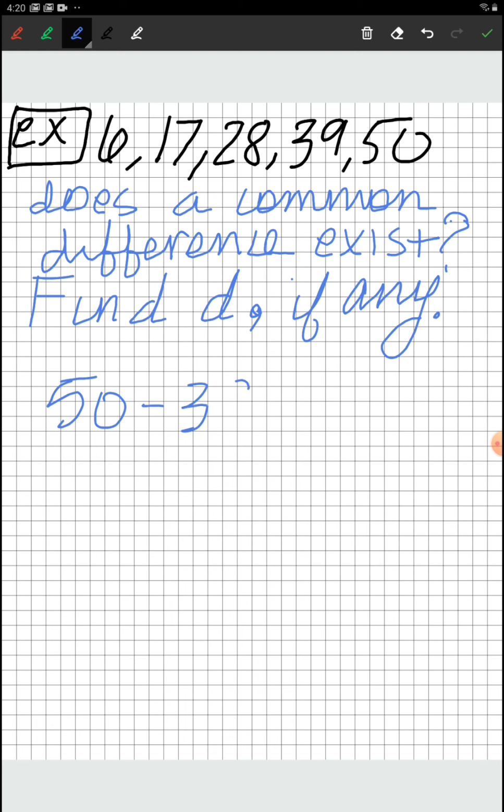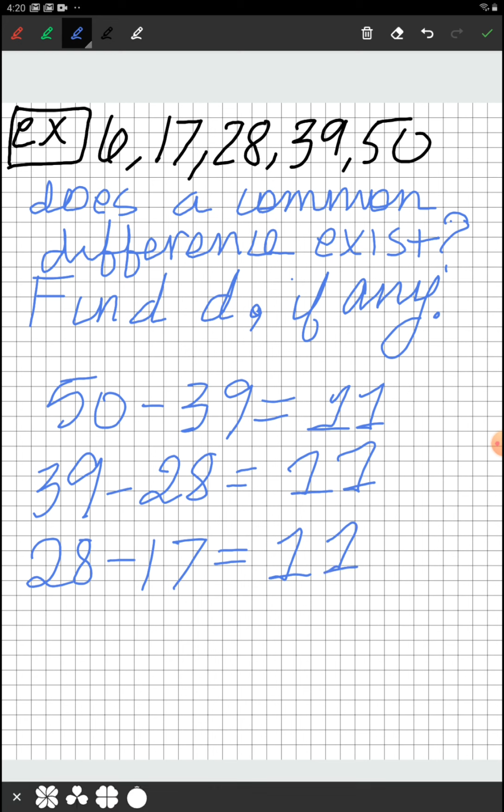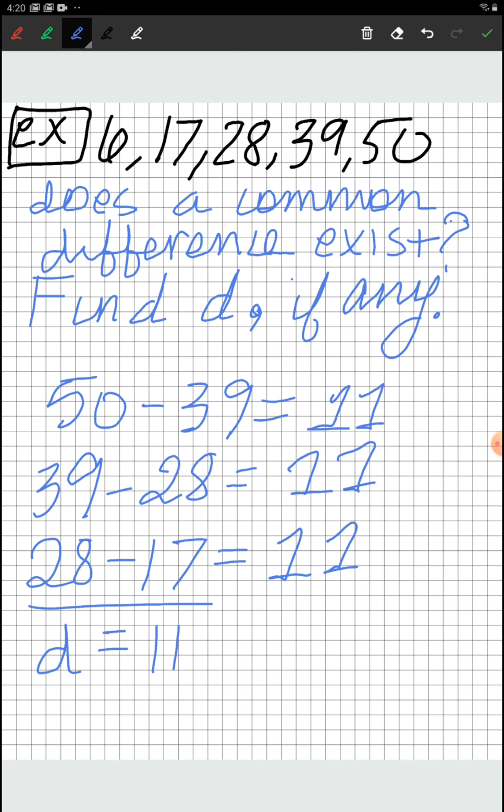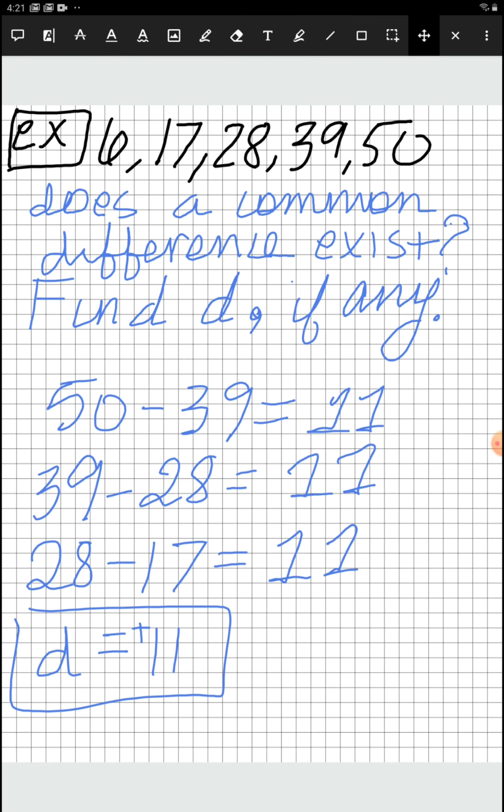So 50 minus 39, I believe that's 11. 39 minus 28, also 11. 28 minus 17, also 11. So 11 is obviously the common difference. It's positive 11.